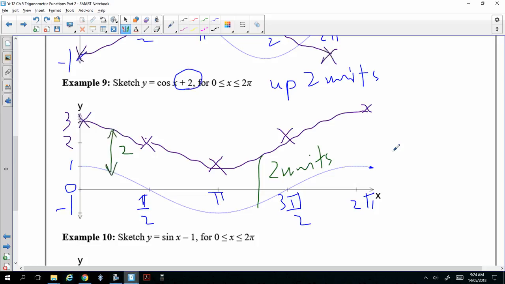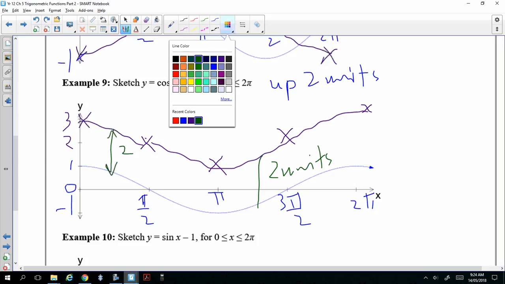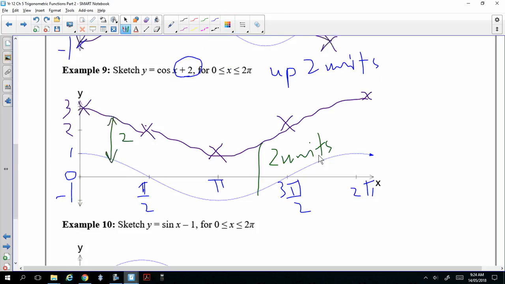Let me get my correct pen. Alright. Sine x minus 1, 0, 1, negative 1, negative 2, pi on 2, pi, 3 pi on 2, and 2 pi. We're going to go down 1 unit. So we're going to go like this.